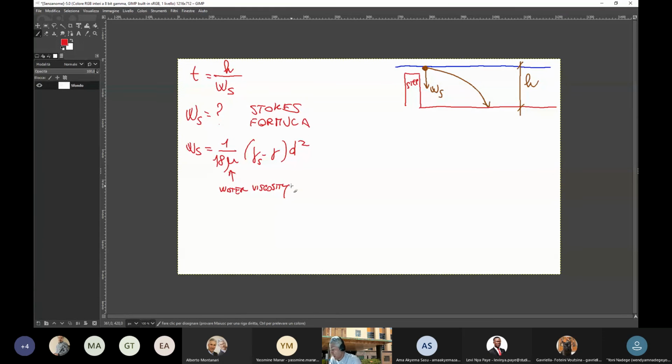So you don't have to remember the formula by memory, but please remember that the velocity of sedimentation Ws depends on the viscosity of water, depends on the specific weight of the particle and water, and depends on the diameter of the particle itself. So you have to fix the diameter of the sand.